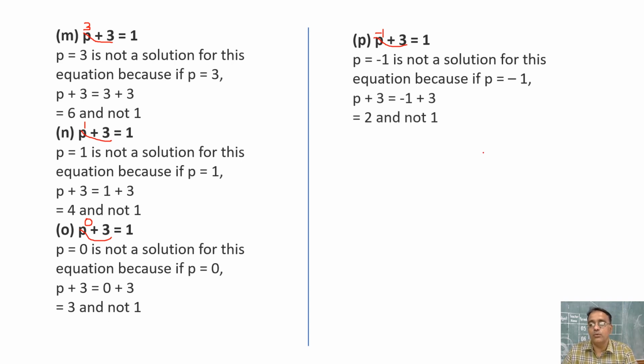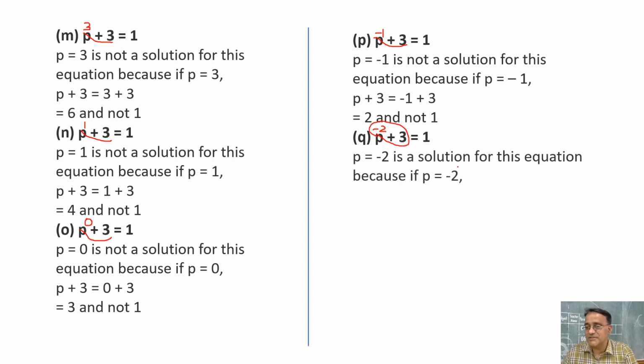Now the last bit, the value of p is given as minus 2. Minus 2 plus 3 is how much? 1, which is equal to RHS. So therefore p = -2 is a solution for this equation, because if we substitute p = -2, we are getting 1, which is equal to RHS. So therefore the equation is satisfied, right?